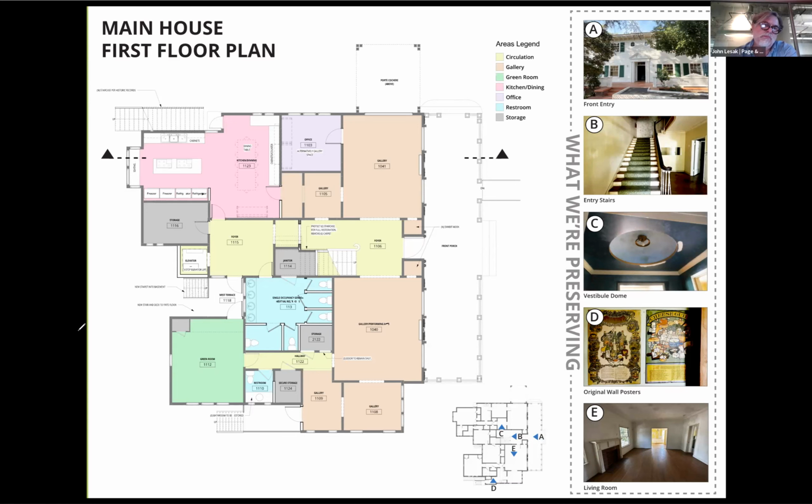Just working around quickly on the floor, the large restrooms would be new, but there is a smaller restroom on the south side. That is a historic restroom, and we would be restoring that to its original condition. And then, like I mentioned, there's the kitchen dining room on the northeast side. That is a large space that would be primarily the kitchen for the residents who are upstairs. But it could also be used for functions, more public functions in the front of the house.